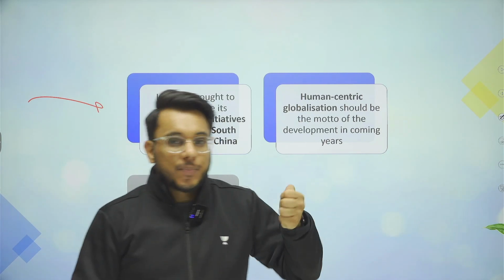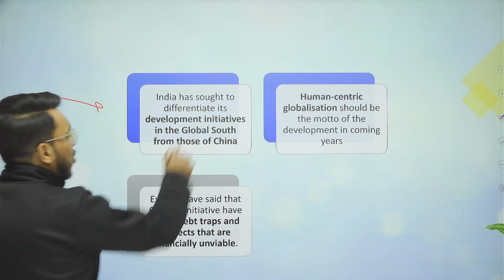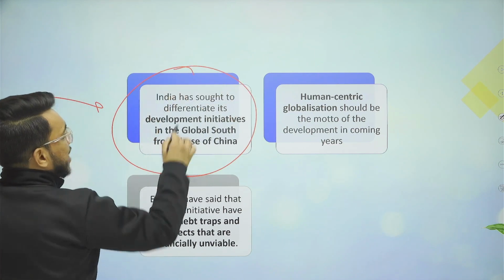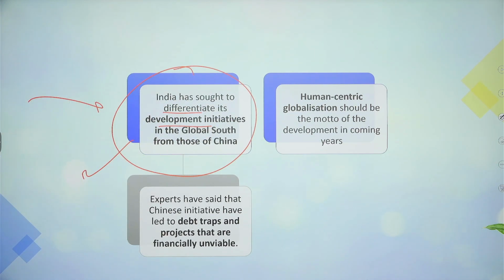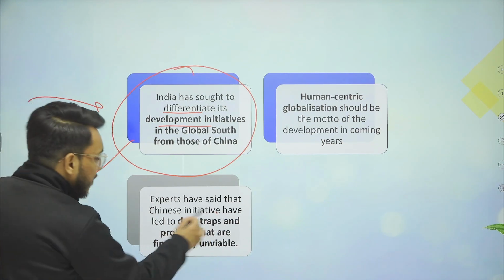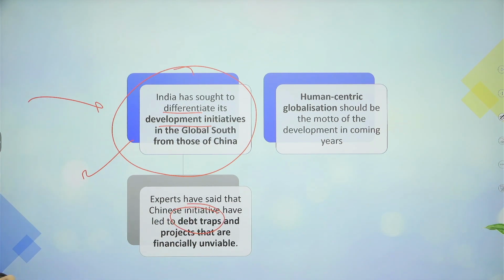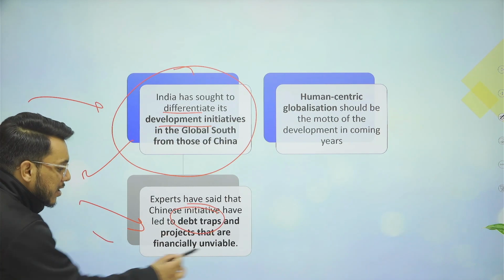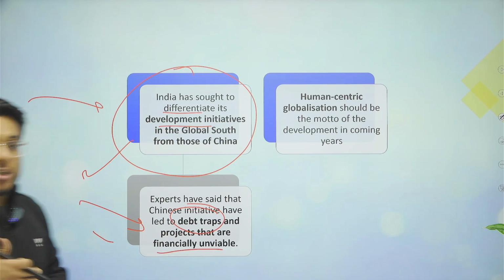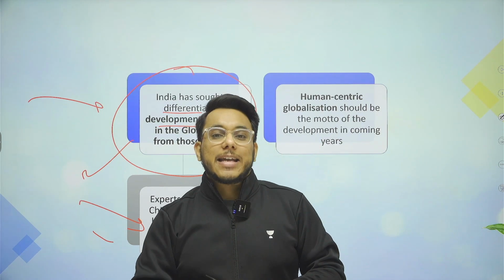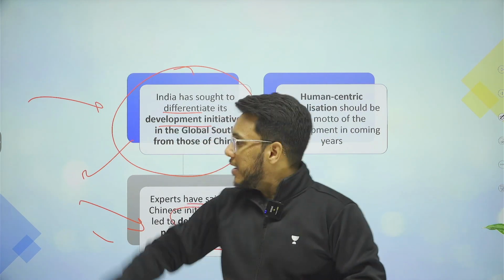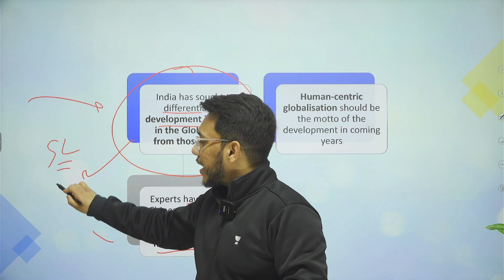How and why? Because first of all, India has sought to differentiate its development initiatives from China's initiatives. China's initiatives have been led by debt trap diplomacy. Deliberately, China has financed financially inviable projects in the developing countries so that China can take over those strategic assets. You can see the example in Sri Lanka.